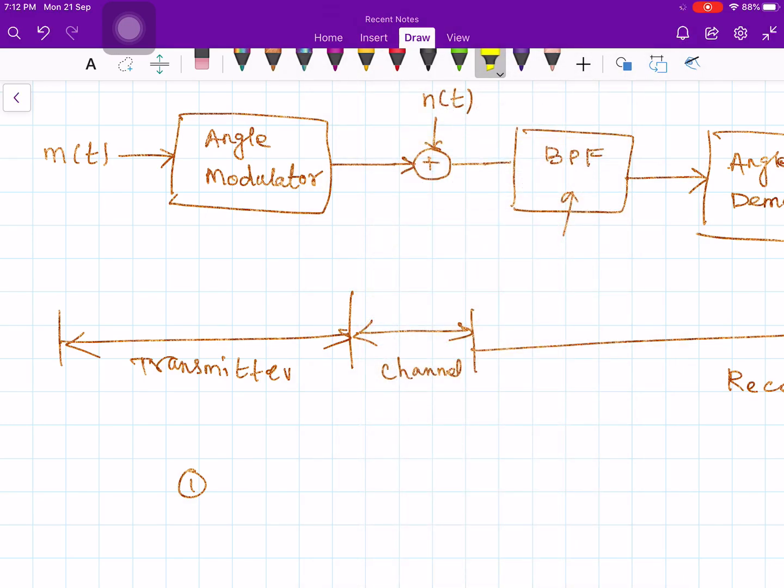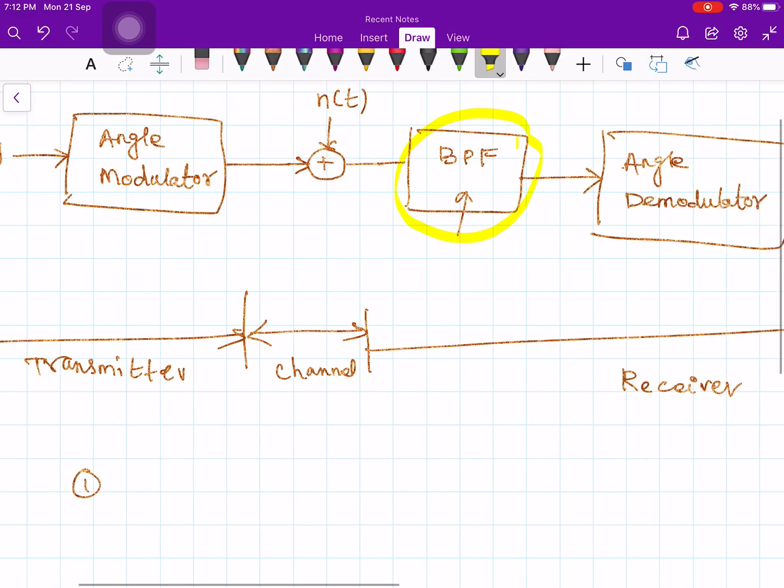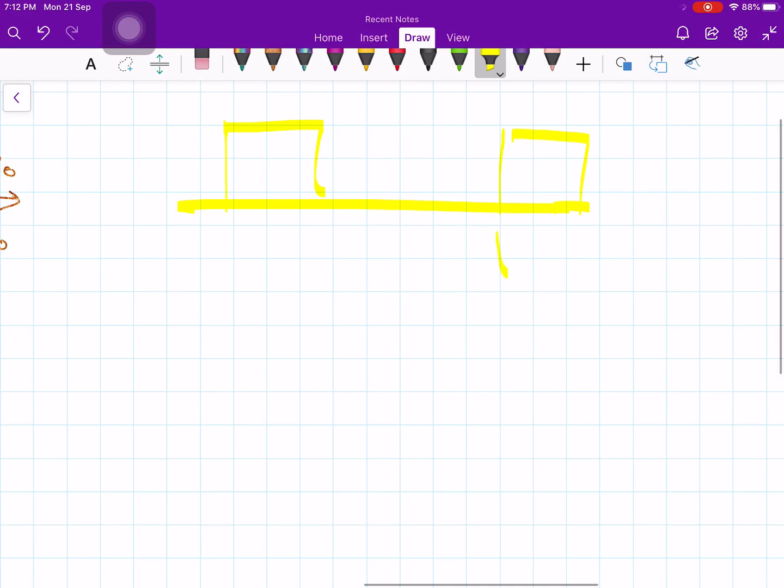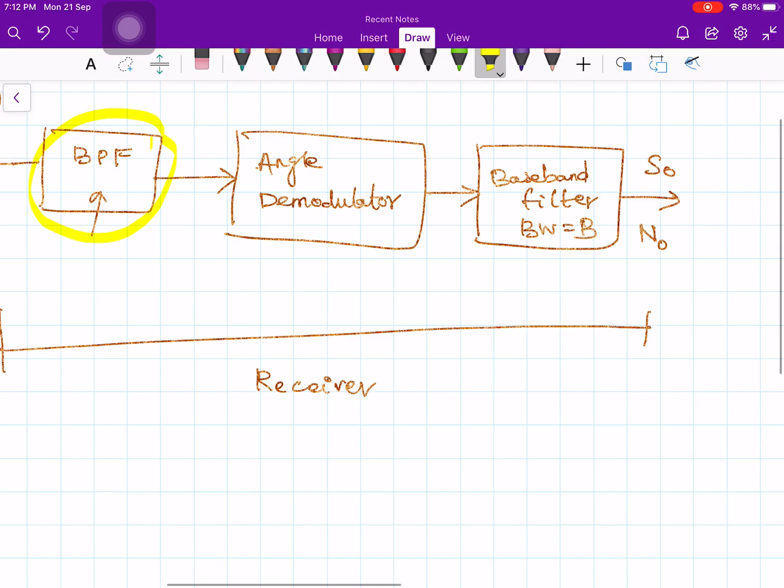This band pass filter has a different bandwidth as compared to the band pass filter we had at the input to the amplitude demodulator. In amplitude modulation, the bandwidth of the signal is 2B only, but in angle modulation the bandwidth is not 2B. Here the bandwidth is 2 times delta f plus its maximum frequency, let's say fm or W.